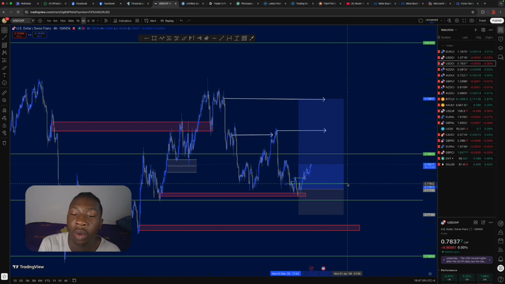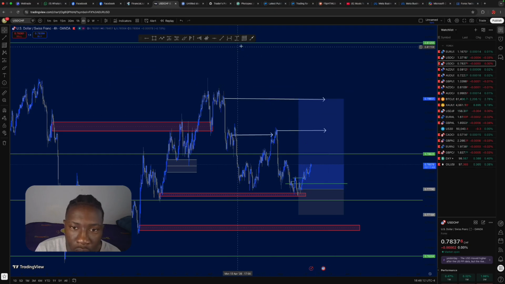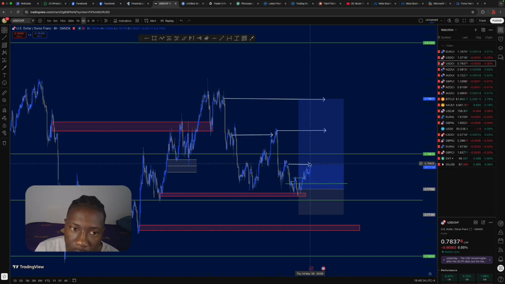So we are going to see if it is going to move very fast today, because it's Friday. And also I need to check on this, because the market has reached this level, but this was a return to this supply zone.